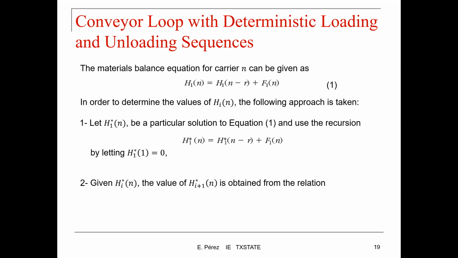Given h_i star of n, the value of h_(i+1) star of n is obtained from the relation h_(i+1) star of n is going to equal h_i star of n minus f_i of n.